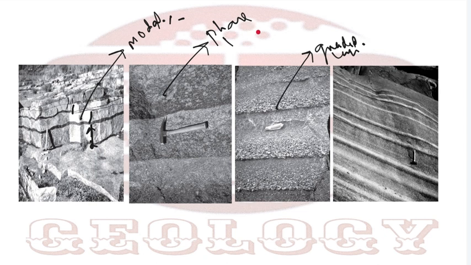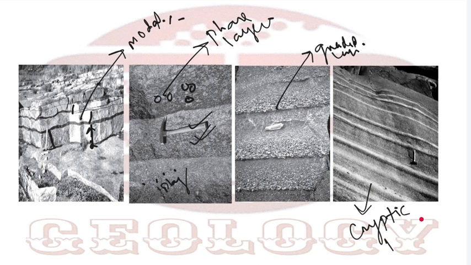Here you can see a very small amount of plagioclase, considering the white portions as plagioclase, but the white portions are very high in this second layer. And in this third layer you can see the white grains are larger in size. So this is phase layering, and this is said to be cryptic layering.